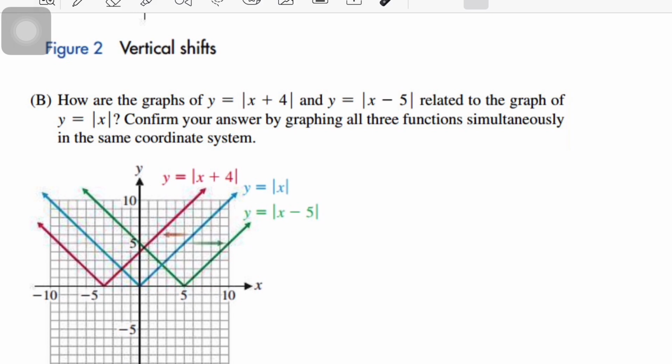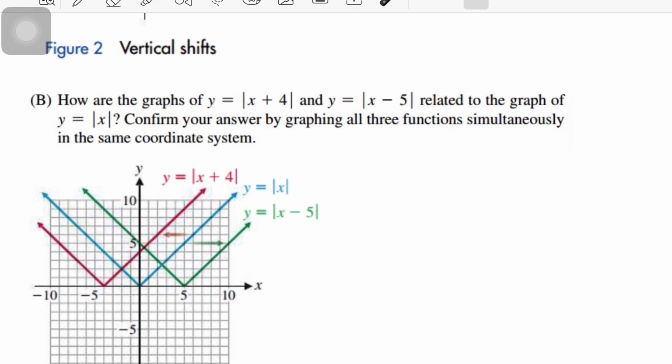And so if we were to plug in, let's say, negative 1 into our y is equal to absolute value of x plus 4, then our output is the absolute value of 3. So if we were to plug in negative 1 here, we get positive 3 here. If we were to plug in -4 for our x value, we would get 0 here. So plugging in -4, our output is 0. And if we were to repeat this, we would eventually get this graph here.